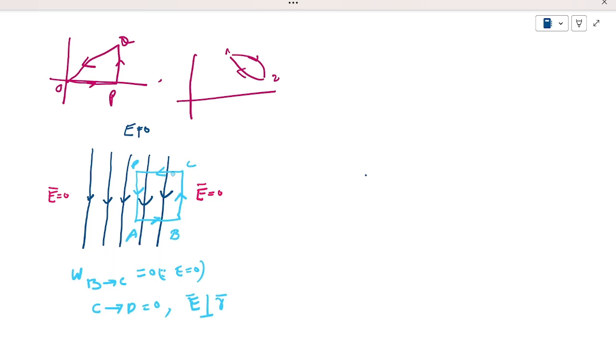So that's why the work done is 0. Similarly, the work done from A to B is also 0, because the direction of E is perpendicular to the AB vector. Work done is 0.